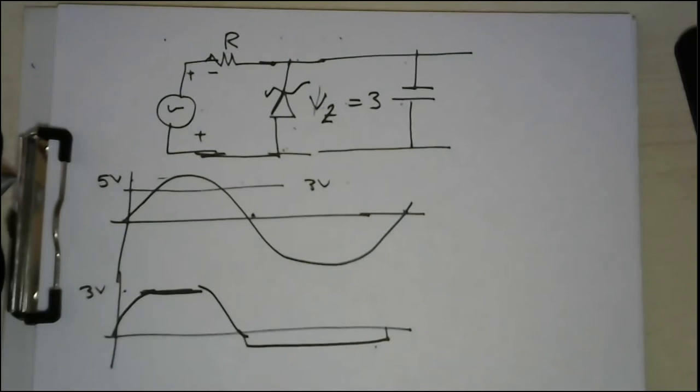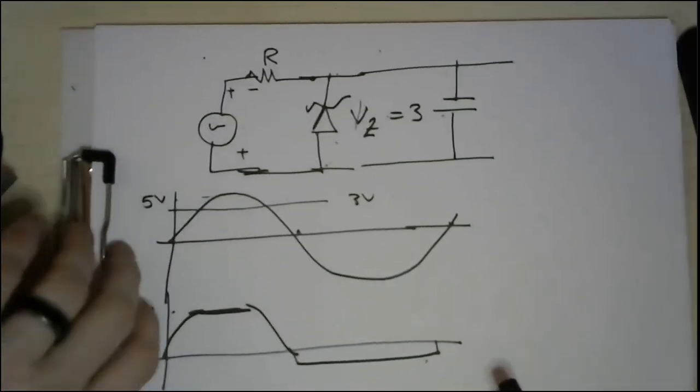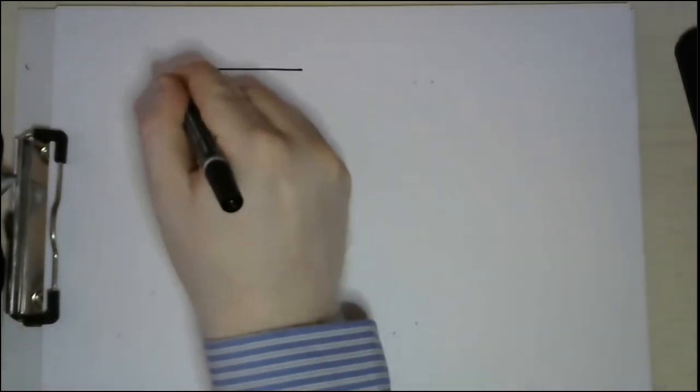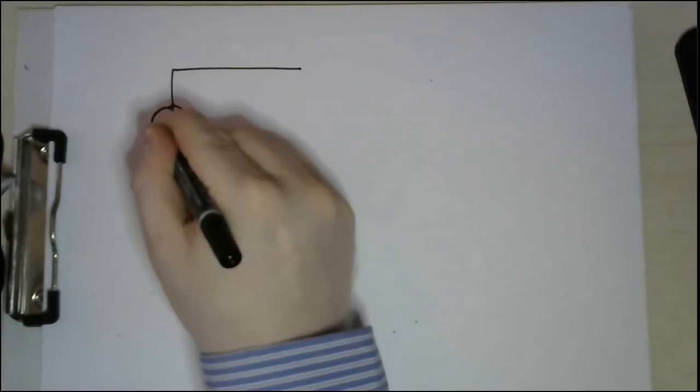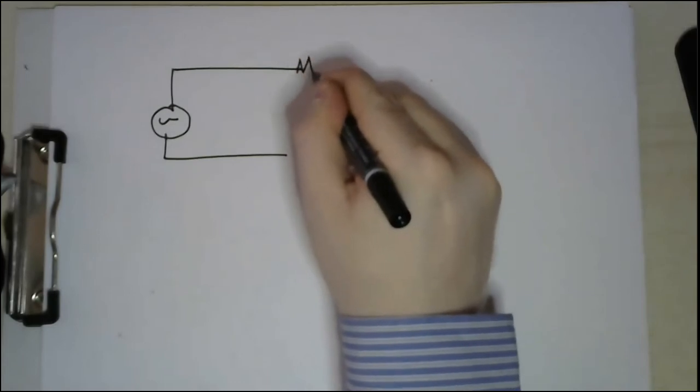another circuit, another example where we can demonstrate the impact of a Zener, a more interesting example. Our example is as follows. We have an AC source. We have a resistance.